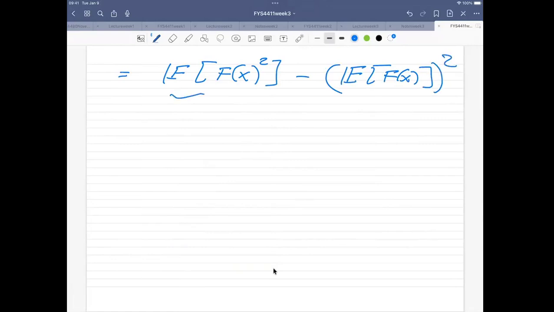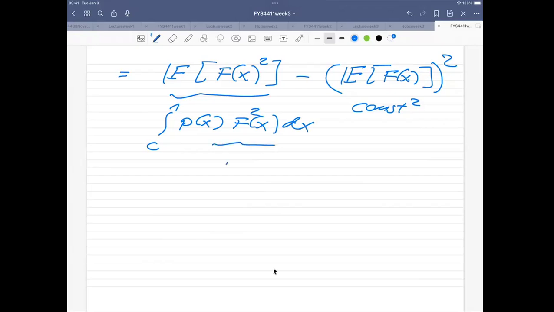Now, if this is a constant, then this is just a constant squared. If you look at this expression here, this is an integral over p of x, and then I have F of x squared, d of x. And if F is a constant, this is just going to be the same constant squared.